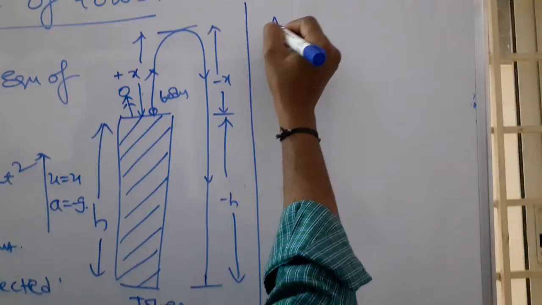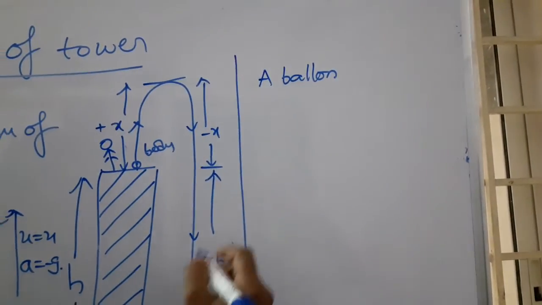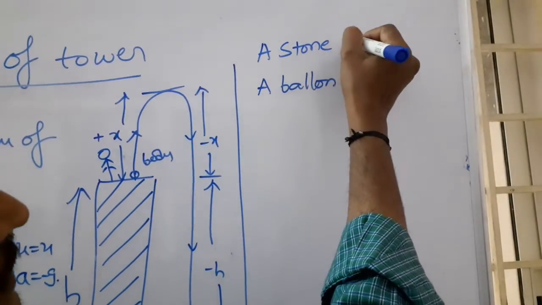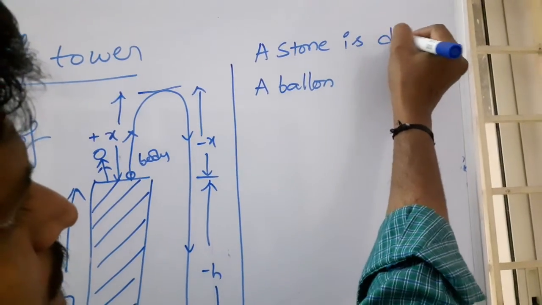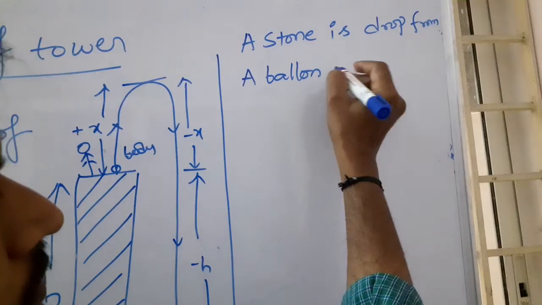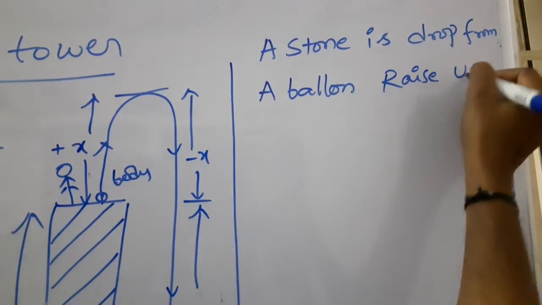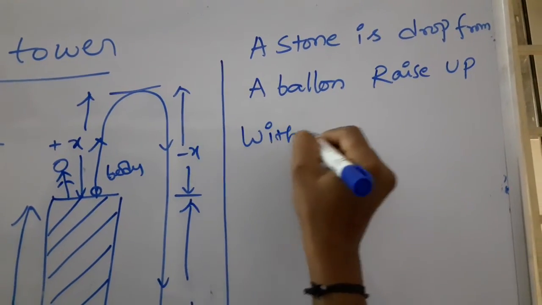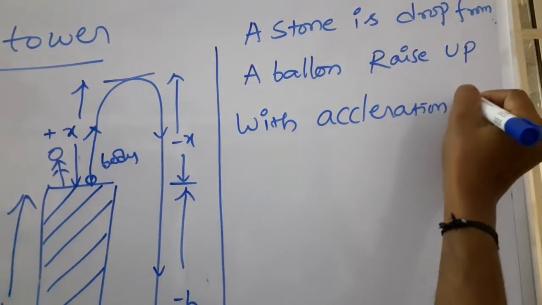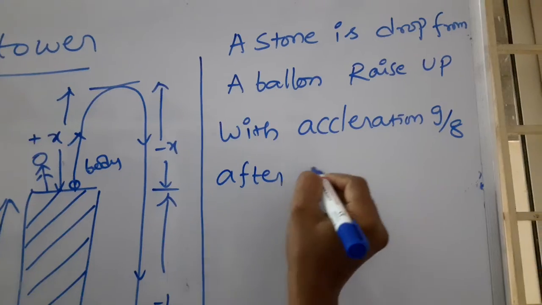So, a stone is dropped from a balloon raising up with acceleration g/8 after 8 seconds.